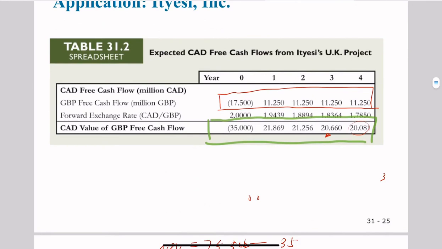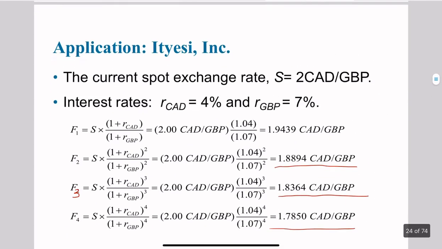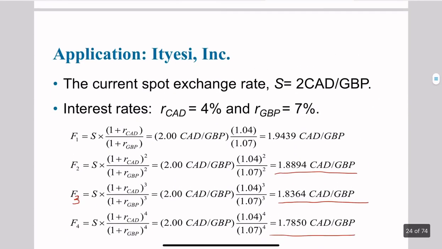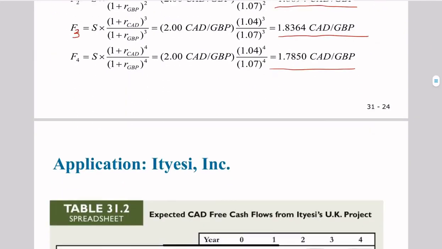If we have that number, we can discount these GBP free cash flows with the cost of capital in the UK, and that will give us the present value in GBP. What is the spot exchange rate? Well, we have the spot exchange rate here. So we basically have everything except the cost of capital in the UK.